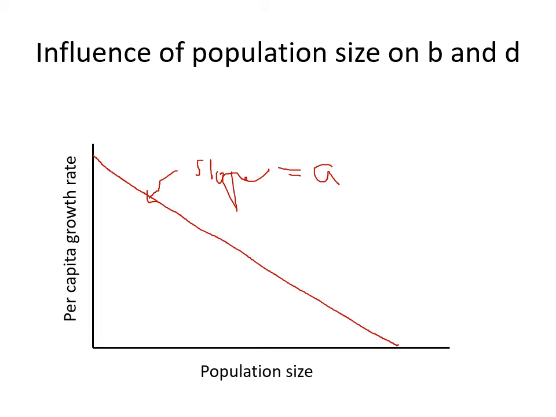Similarly, for death rate, you might have some very low death rate at low population size, and as population size increases, death rate also increases, and the slope of that relationship is indicated by C. Okay, so basically, as C and A get larger, that means that the decline in growth rate is more rapid as population size increases.